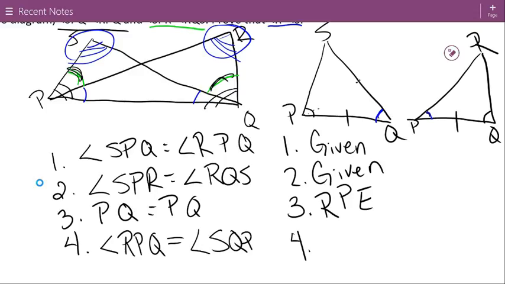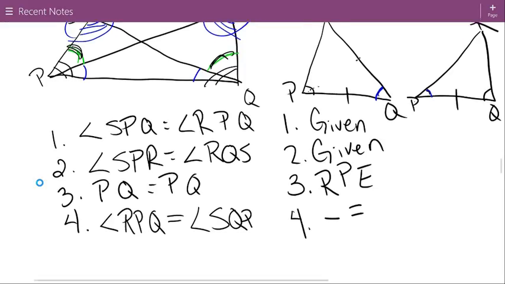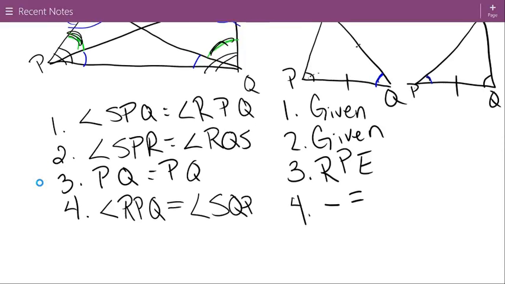And actually, I am going to just write subtraction property of equality. Okay, so we've got an angle, we've got a side, we've got an angle. We know that those are congruent.